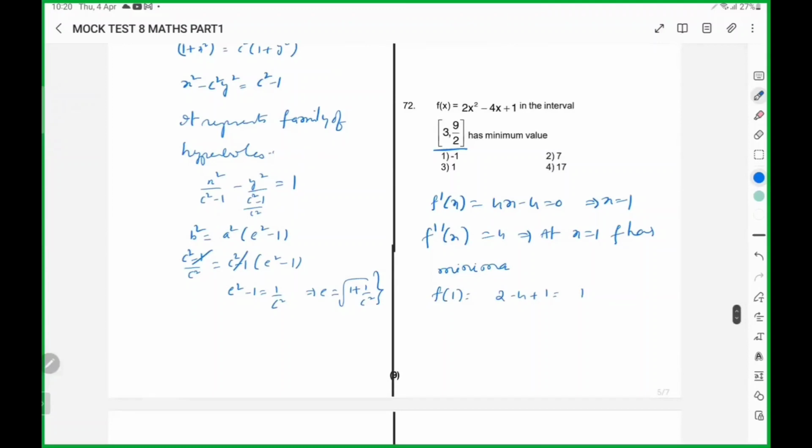Once an interval is given, you have to check at the boundary values. 2 into 3 square minus 18 plus 1, 19 minus 12, 7. f of 9 by 2 will be 2 into 9 by 4, so minus 4 into 9 by 4 plus 1, 9 by 2 minus 8. You get minus 7 by 2.